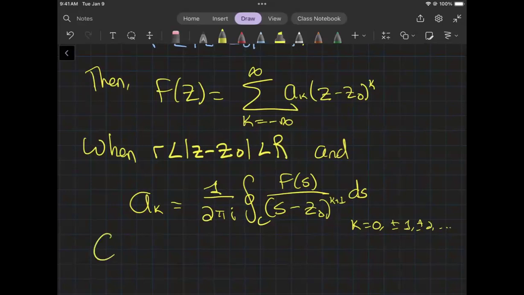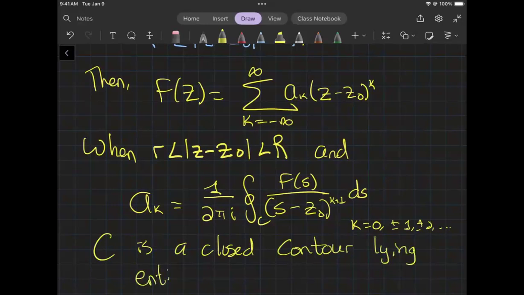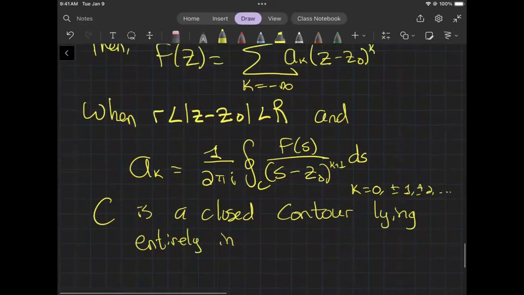C is a closed contour lying entirely in D with z naught as its interior.